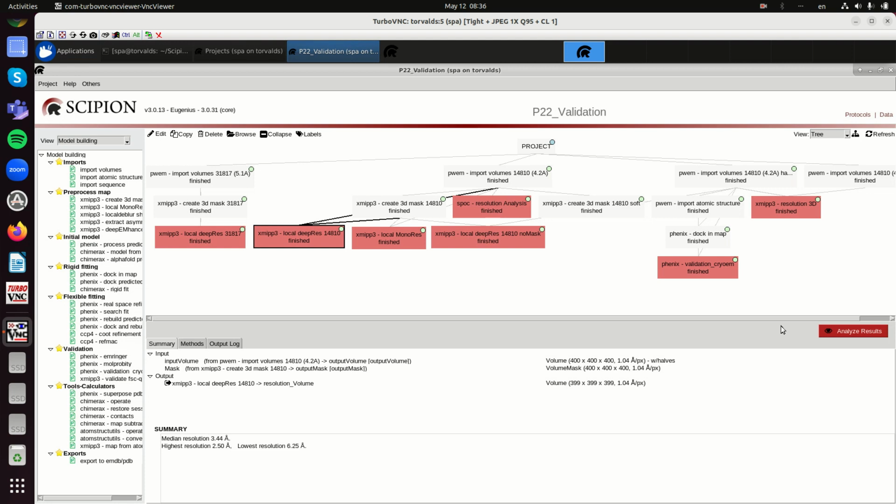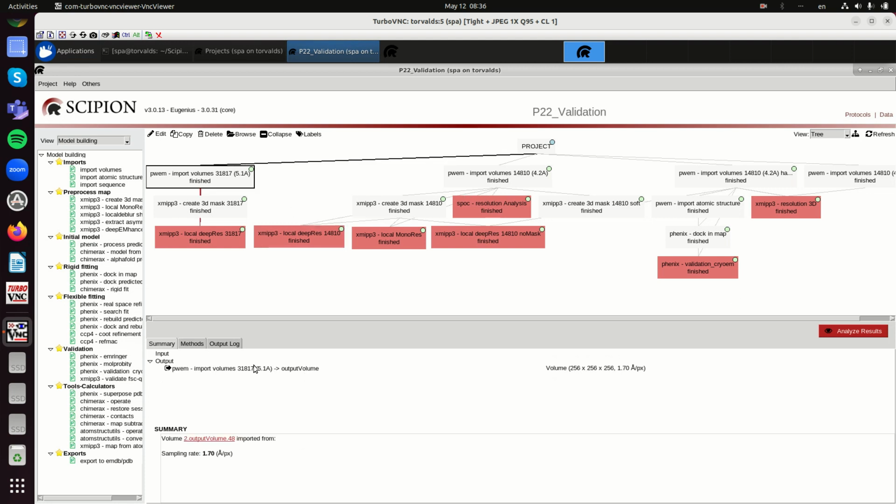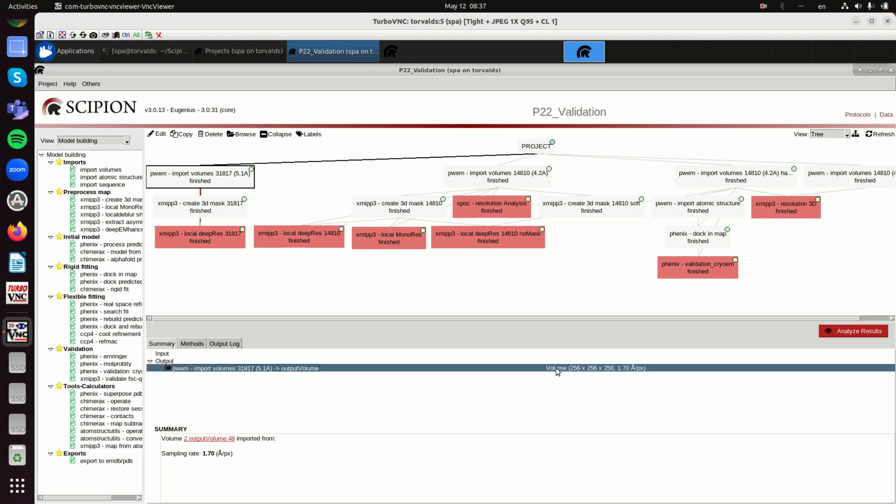But this number shouldn't be taken blindly. So let us see a few problematic examples. I have taken this map from EMDB, 31817. So let's look at the map.